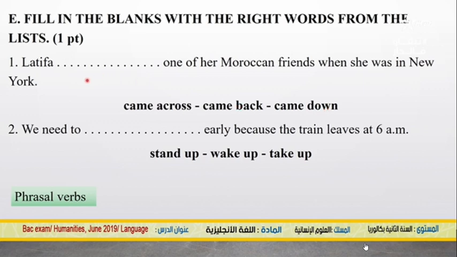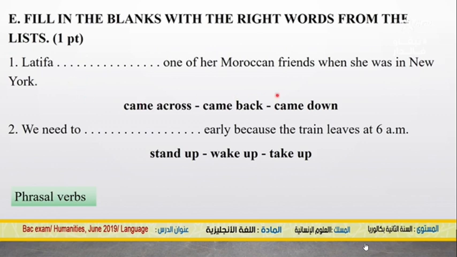Well, now let me help you do this. I'm going to give you the meaning of the phrasal verb we need here, and you need to guess the correct choice. Latifa, okay, met by chance one of her Moroccan friends when she was in New York.